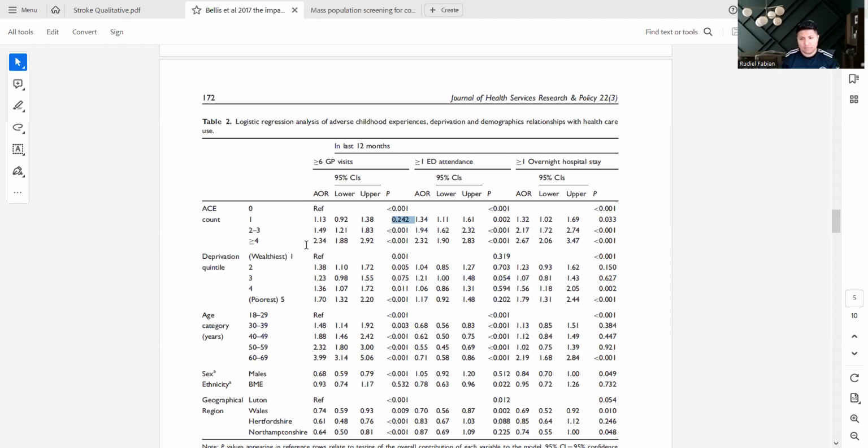Okay, so what it's saying, see that P value of 0.242?